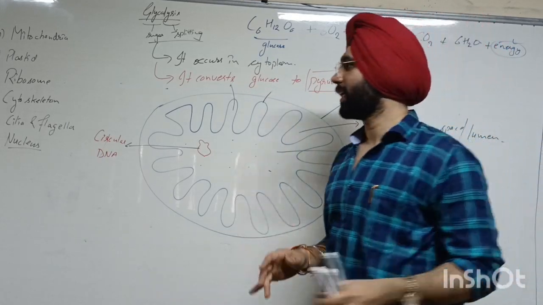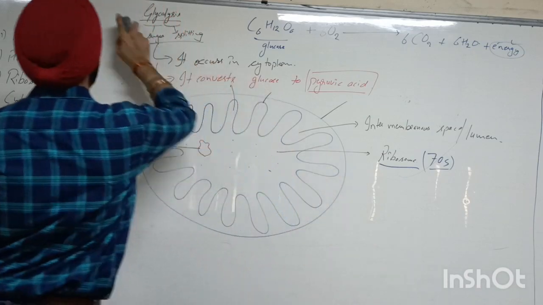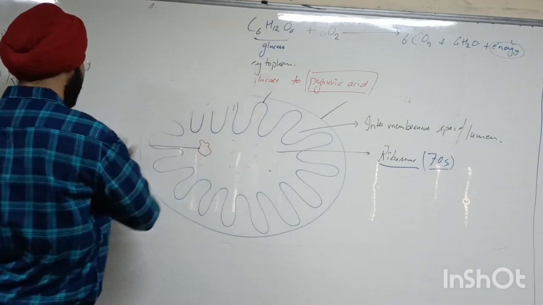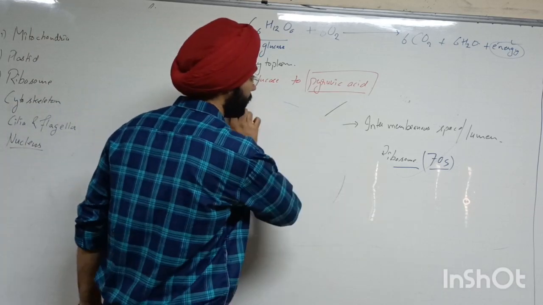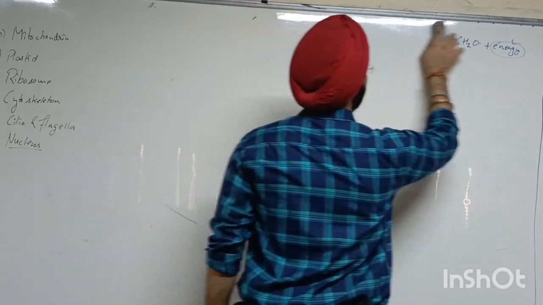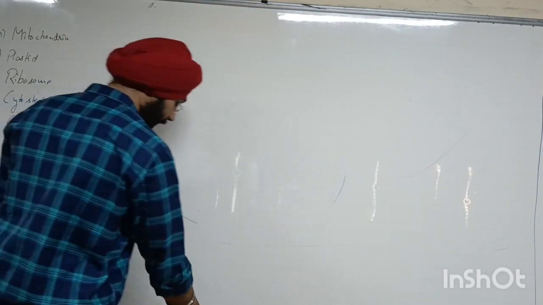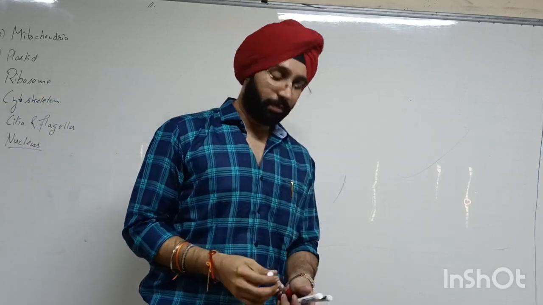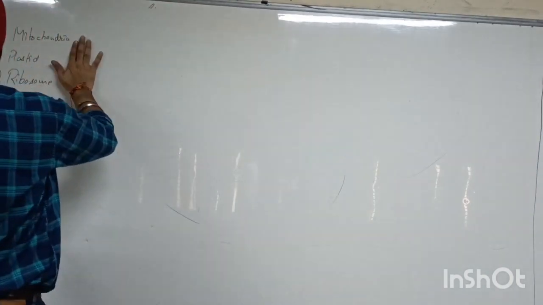So that is the basic idea you need to have right now. So I need to rub this out. I hope you understand the work of mitochondria. This glycolysis we are going to read in some other chapter, that is respiration in plant. And after that, mitochondria is complete.